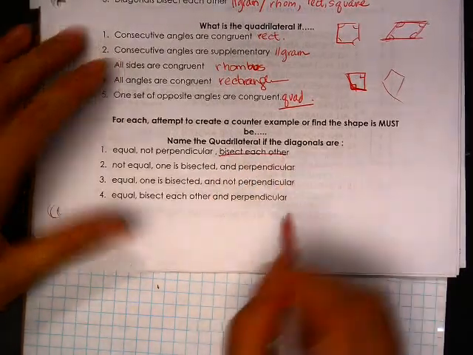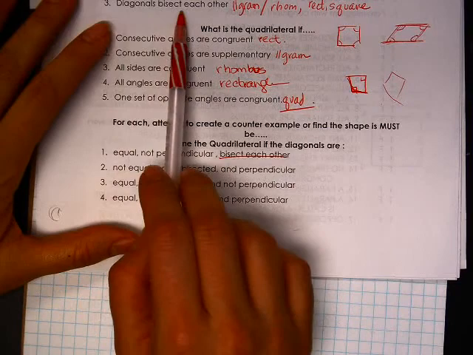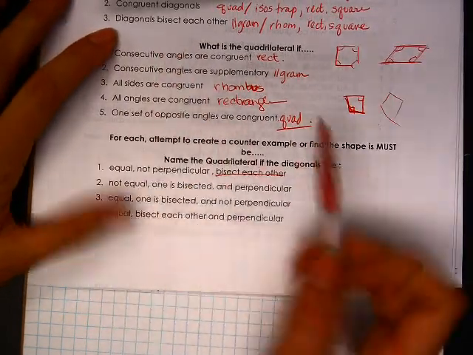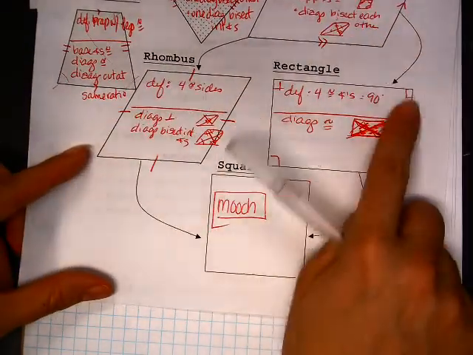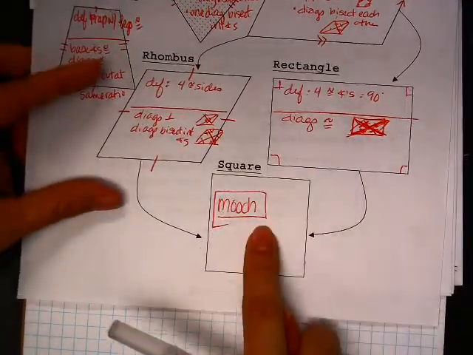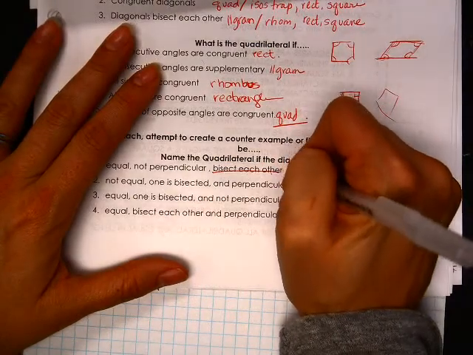Ooh, loving that. Bisect each other tells us it's a parallelogram for sure. This is the first one that is congruent diagonals, but then not perpendicular. So this would be a rectangle for sure.